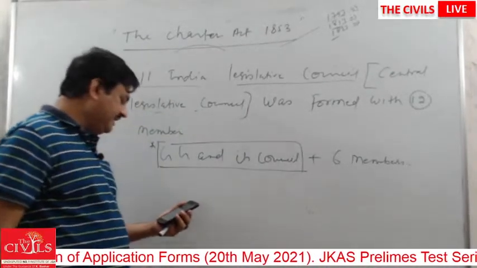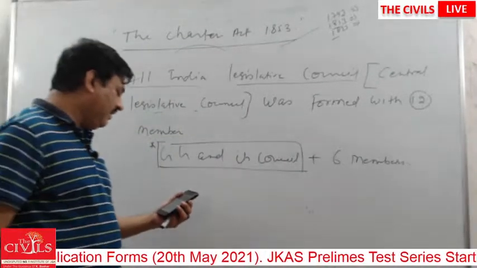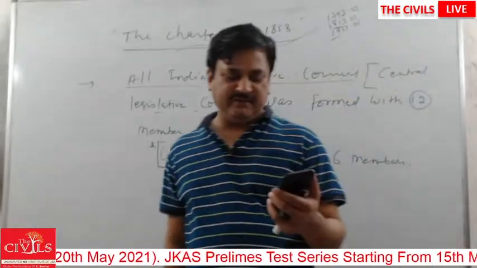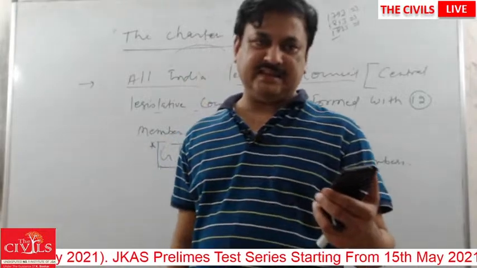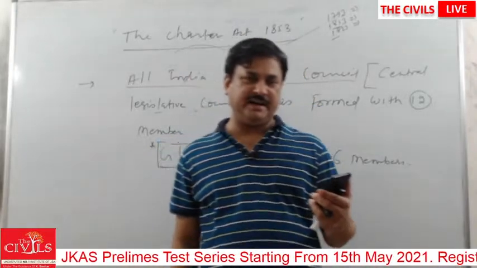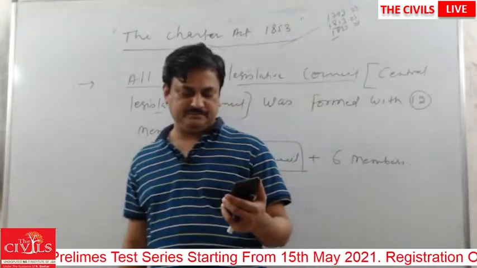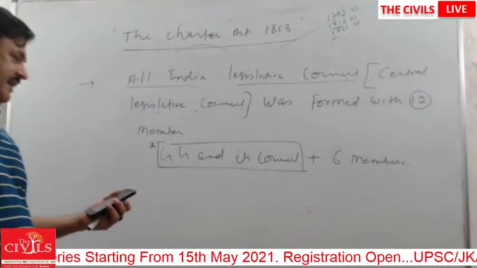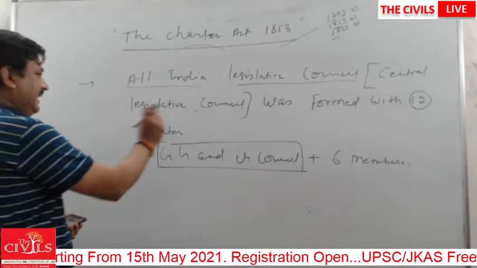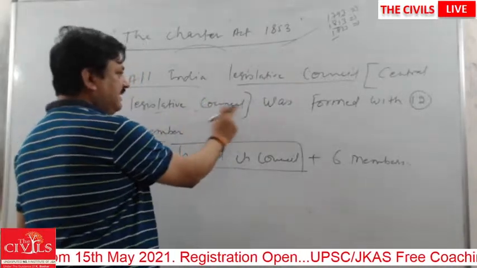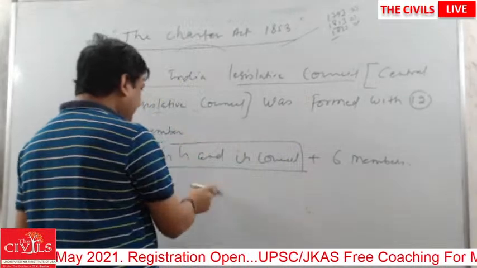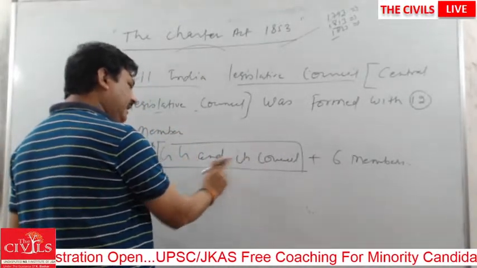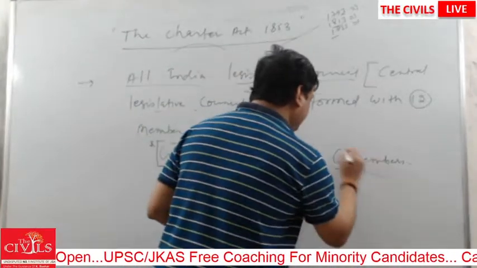Very good, Virendra Singh. By the Regulating Act of 1773, which had 4 members: Philip Francis, Clavering, Montserrat, and Warwell. So the first time the Central Legislative Council was formed with 12 members, the Governor General and its Council plus 6 other members.